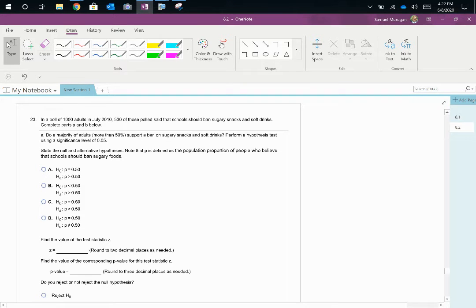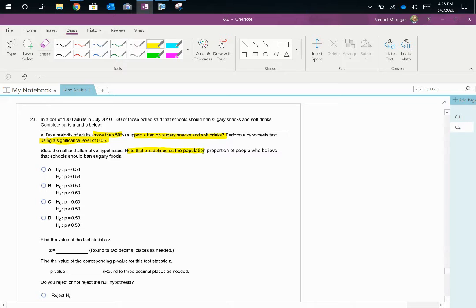In a poll of 1,000 adults in July 2010, 530 of those polled said that schools should ban sugary snacks and soft drinks. Do a majority of adults, more than 50%, support a ban on sugary snacks and soft drinks? Perform a hypothesis test using a significance level of 0.05. So first, state the null hypothesis.